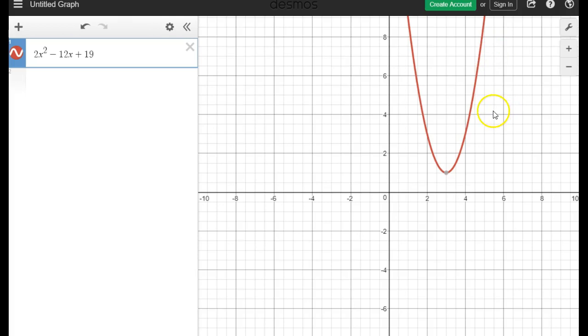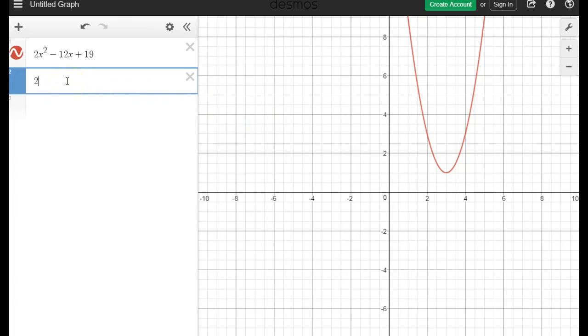That looks similar to what I graphed before. You may be concerned about whether the standard form result we had is really the correct result. Is it the same function? So I'm going to go ahead and graph it.